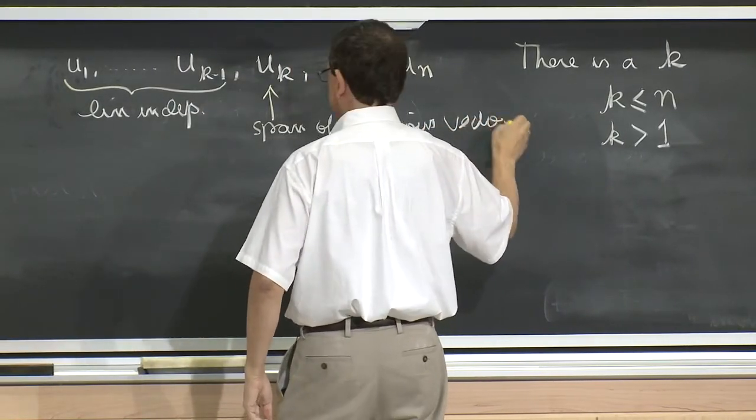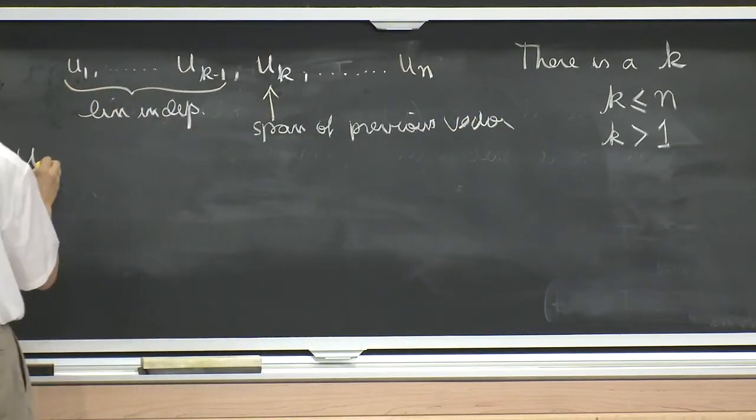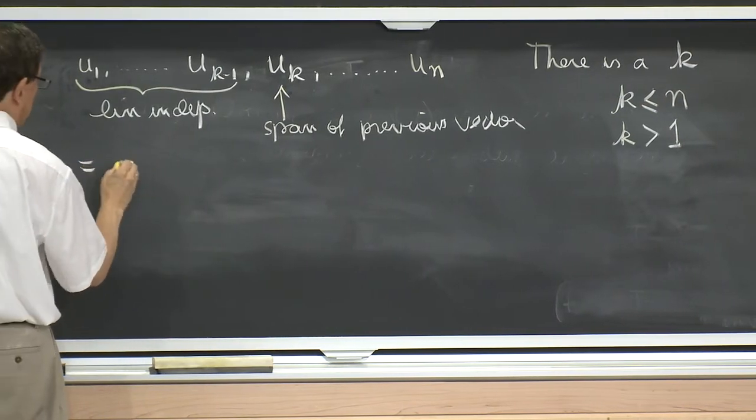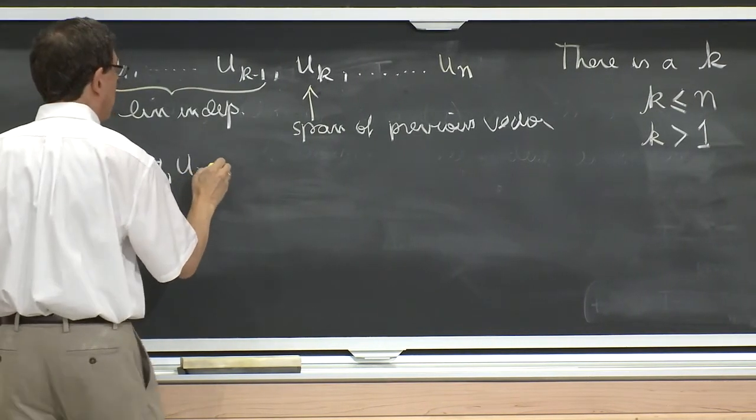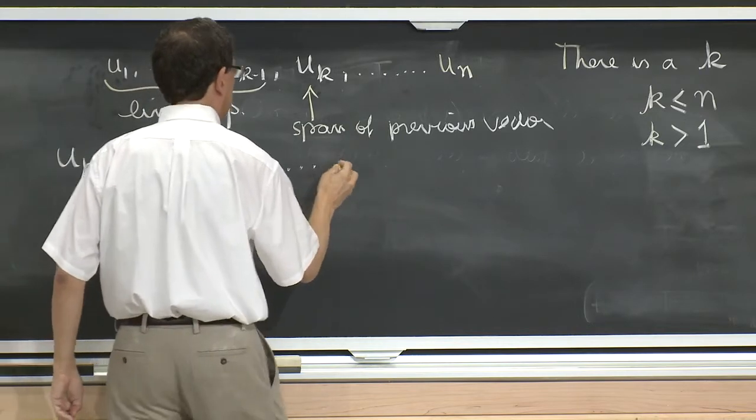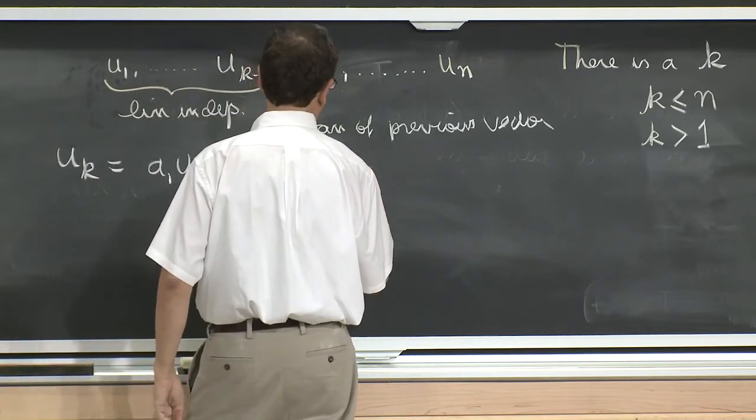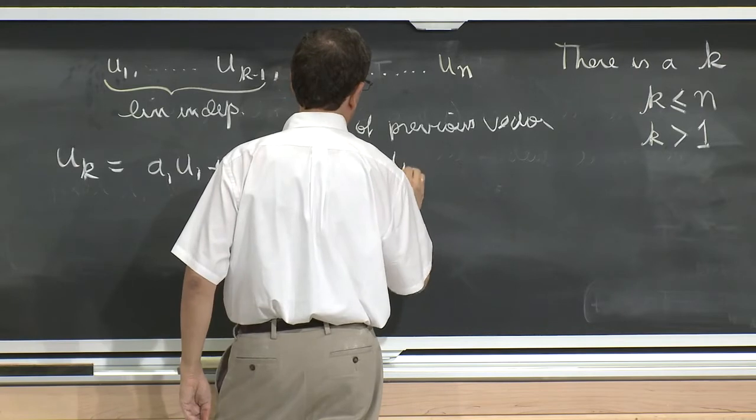And this has to happen. So uk would be equal to some number a1 times u1 plus up to some number a(k-1) times u(k-1).